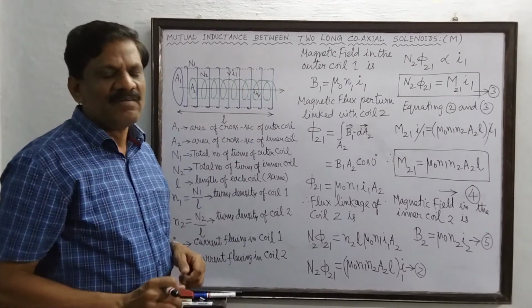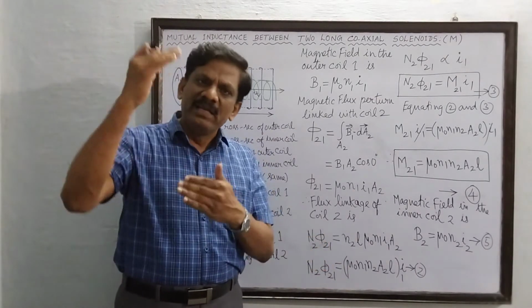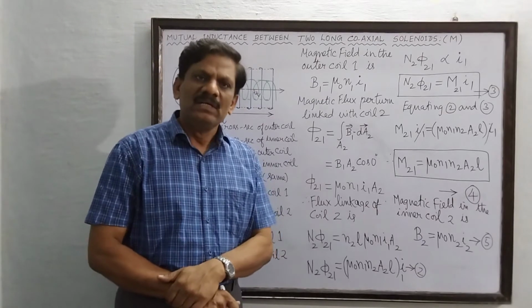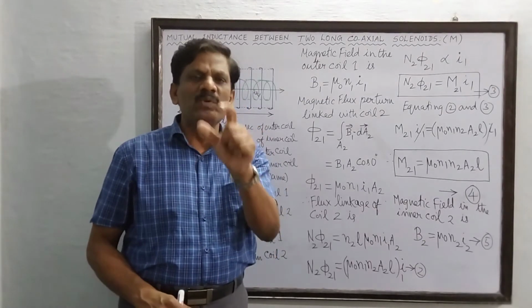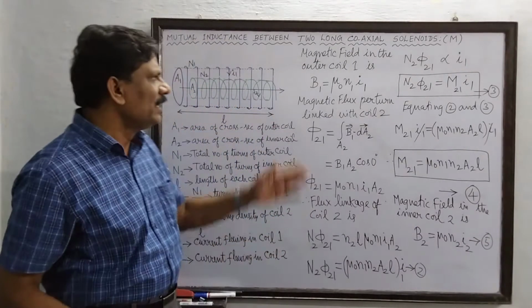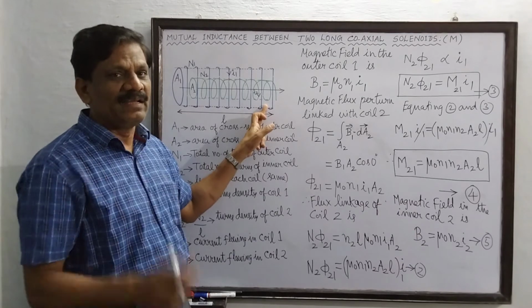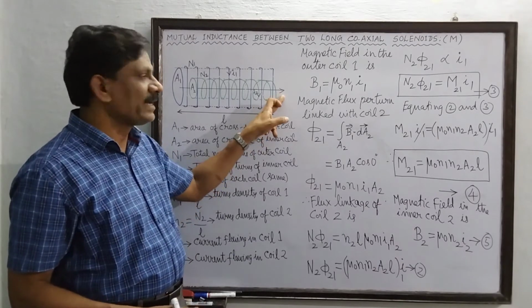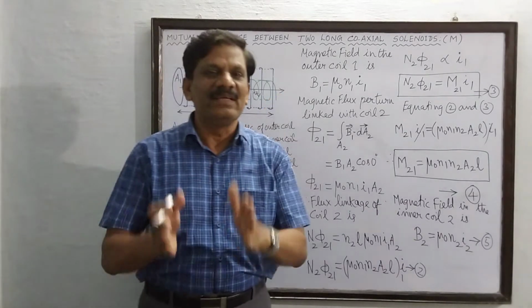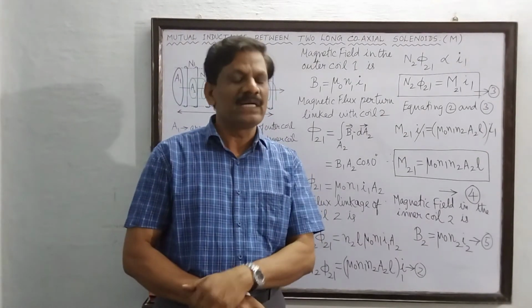For an ideal solenoid, there is no magnetic field at any point outside. So the field which is produced by the second coil has no effect outside the second coil. So this magnetic field produced by the second coil cannot enclose the entire area of cross section of the larger coil. That you keep in mind.